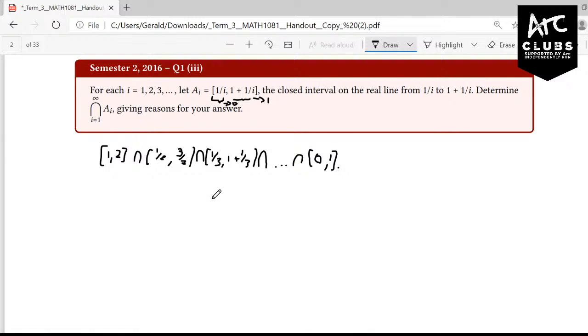You'll be able to see that there's only one element that is clearly visible in all of these intervals, and that is just the set {1}. So if you take these infinitely many intersections, the only element that you get in the end is 1. And so the answer to this is just {1}.